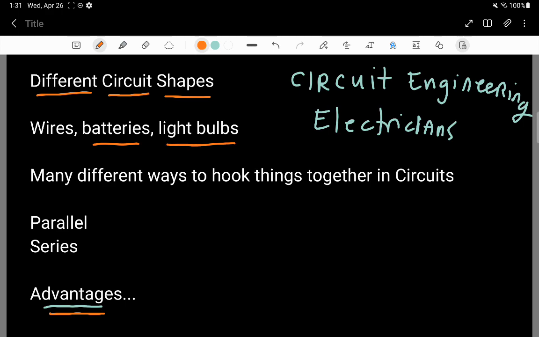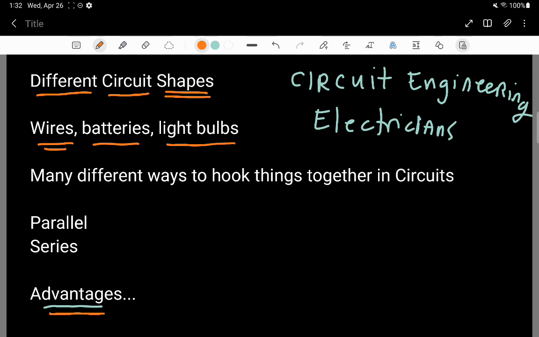Also, maybe you want multiple light bulbs lit up, like for example, a string of lights above a picnic patio for summertime dinners out in the backyard. And of course, you can use a bunch of different wires. For circuits, you tend to need at least a wire. And if you have complicated circuit shapes, you might need lots of wires, 10 wires, 20 wires, right?